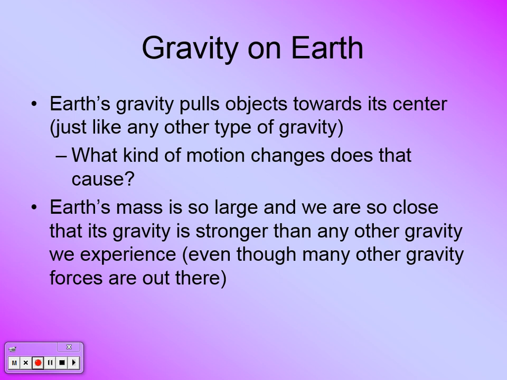So, big mass directly increases the gravity. Being close to it increases the gravity. So we feel Earth's gravity very strongly. But it's not any different than other gravities that exist out there in the universe. Okay? Good?